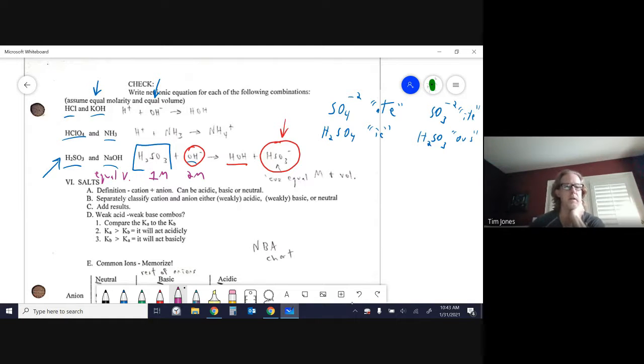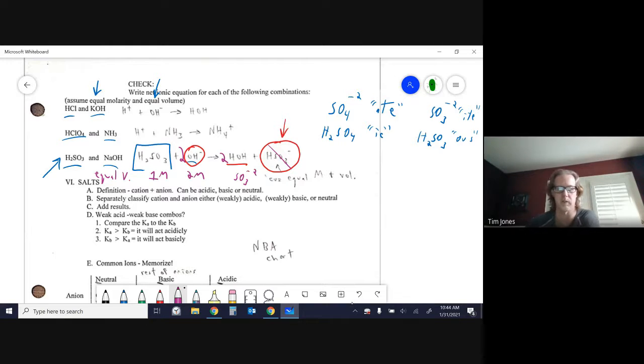That means that you've got double the amount of hydroxide and it would keep pulling those hydrogens off, in which case what you would do is you would have a 2 here, a 2 here, and there would be no hydrogen here. And what you would write over here is SO3 minus 2.